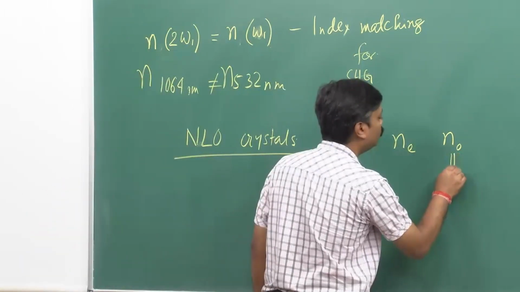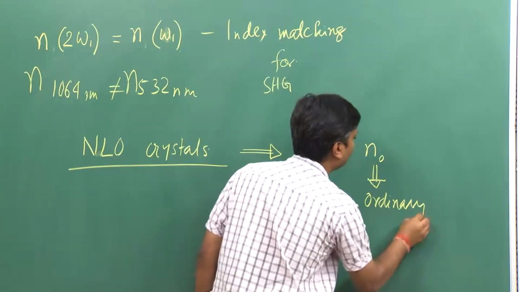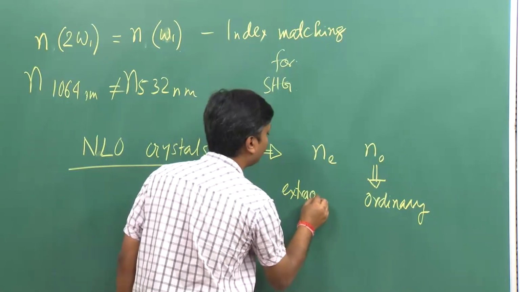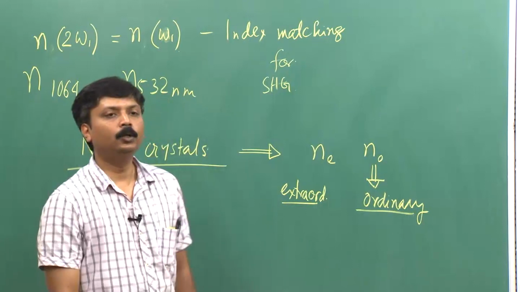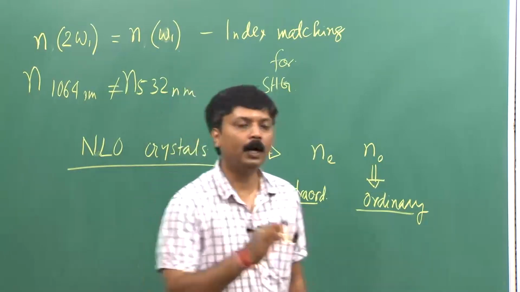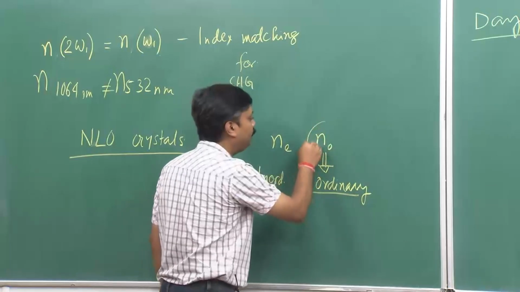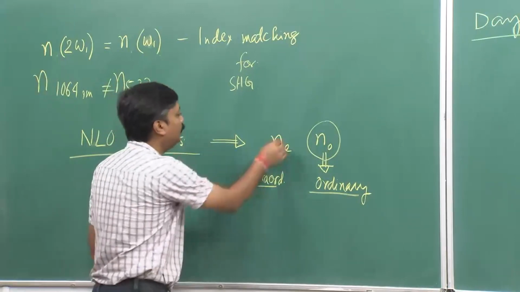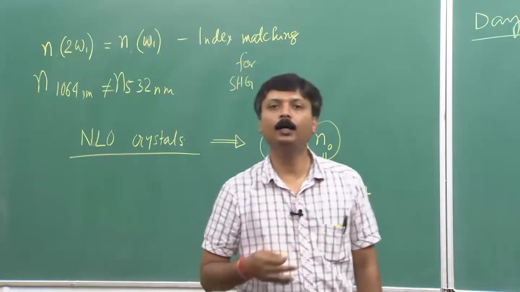NO stands for ordinary and NE stands for extraordinary. The ordinary refractive index will take care of the fundamental wave, while the other refractive index, the extraordinary refractive index, will take care of the harmonic wave.